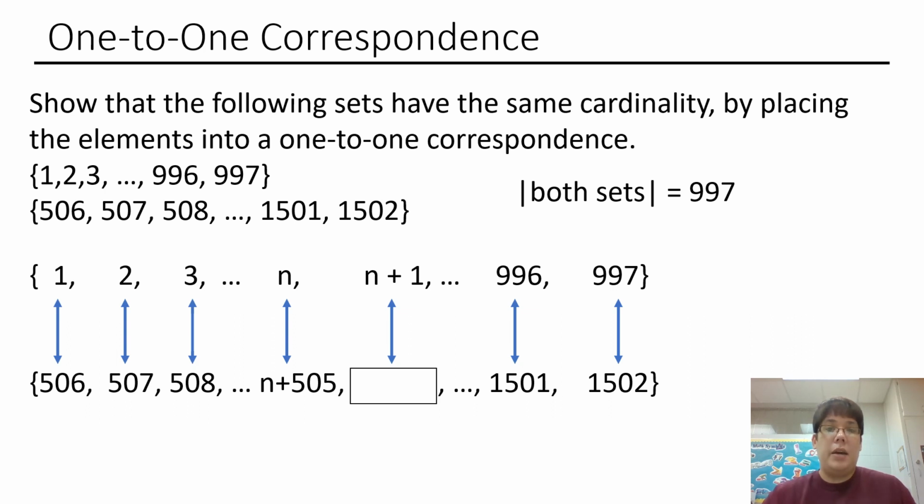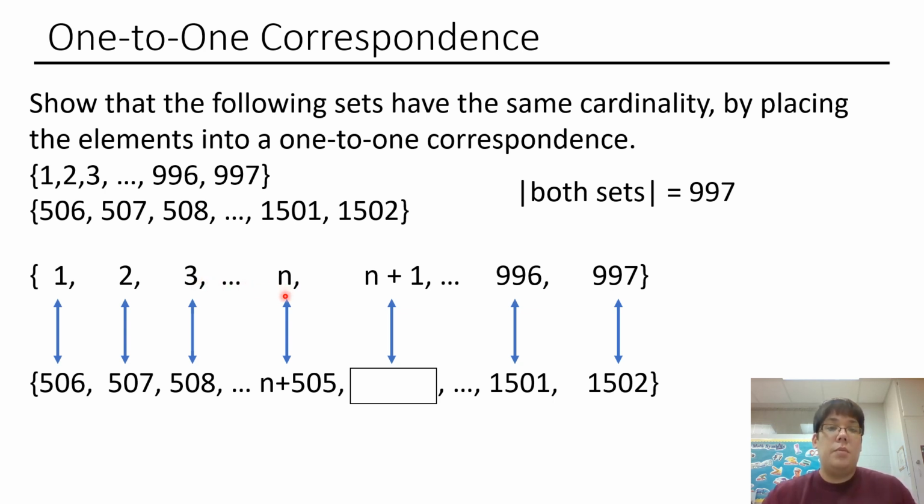Now, let's talk about what this n and n plus 1 means. The n is just saying that it is any number in this set, any number. So any of these in between the dot, dot, dots. Now, that number is going to be matched up with n plus 505. So let's try it out. Let's say that n is 4.